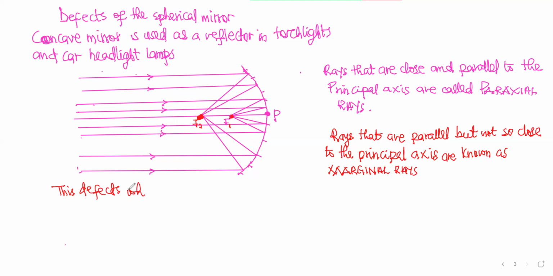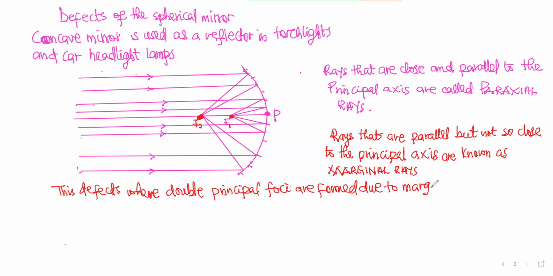This defect where double principal foci are formed due to marginal rays is called or is known as spherical aberration.